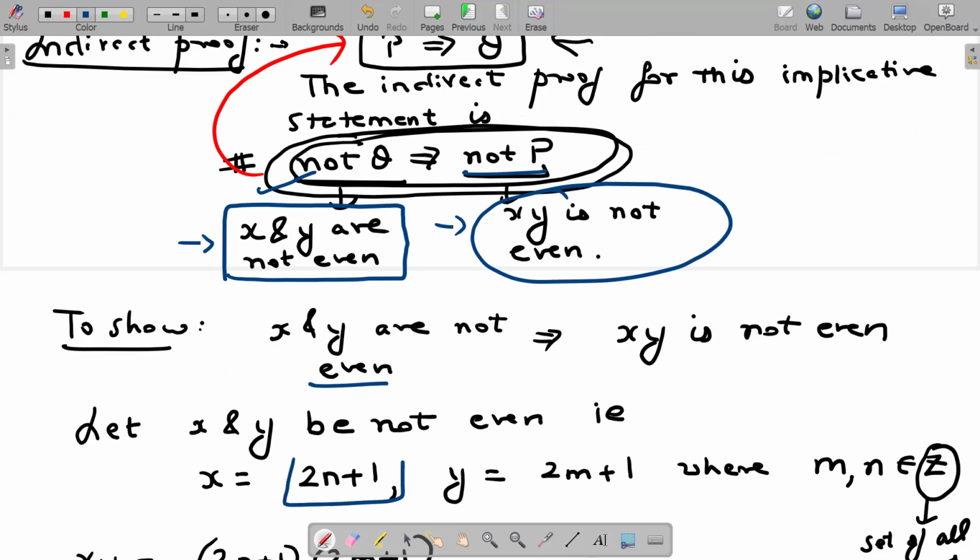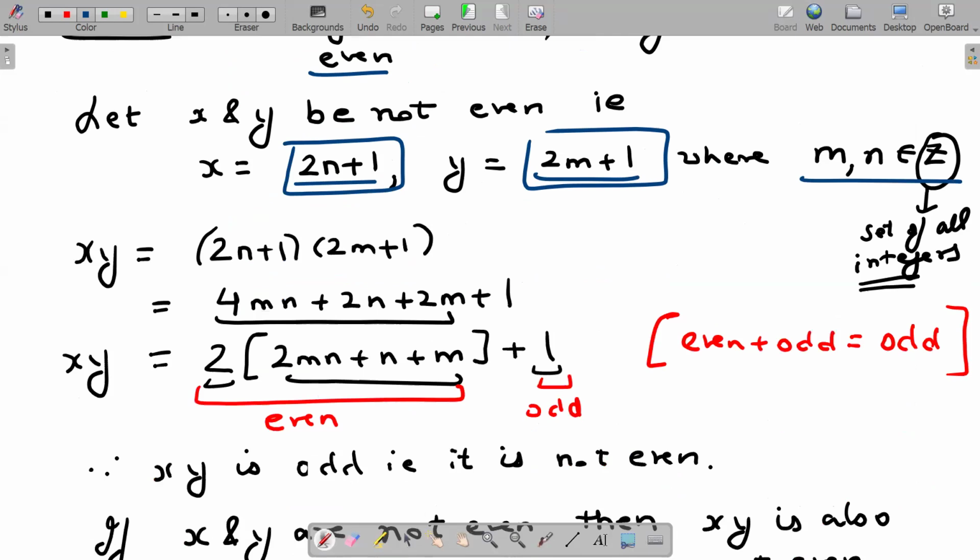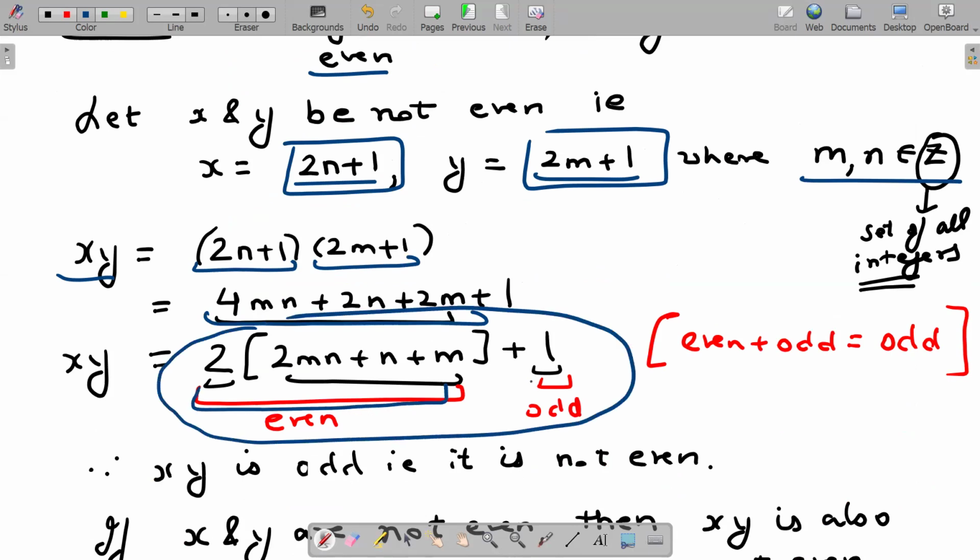Let them be of the form 2n plus 1 and 2m plus 1. 2n plus 1 is an odd number, 2m plus 1 is an odd number, provided both m and n are integers. If I take x into y, it's 2n plus 1 into 2m plus 1, which I can write like this. This is an even number, this is an odd number, even plus odd is odd, so xy is odd, which means it is not even.